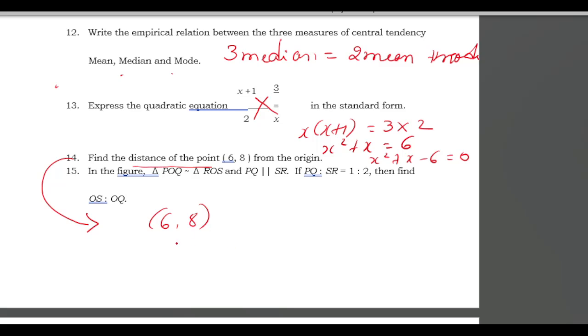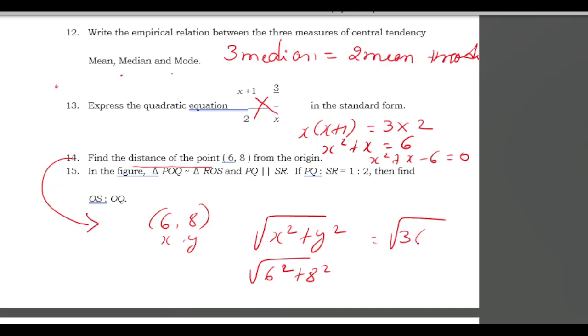The formula for the distance from the origin is root of x squared plus y squared. So root of 6 squared plus 8 squared, that is 36 plus 64, which in total becomes root 100. Root of 100 is 10. So the answer for the 14th one is 10 units.